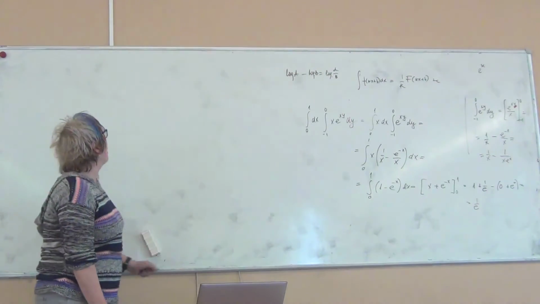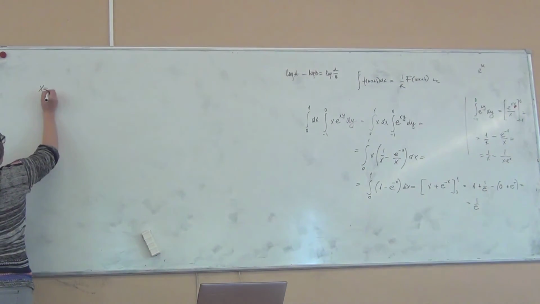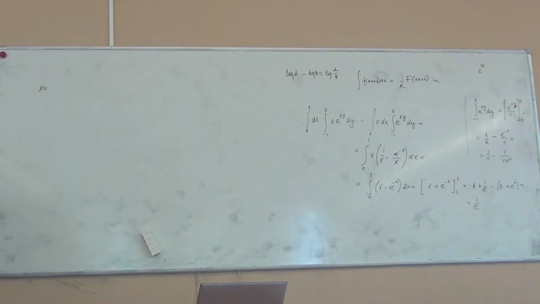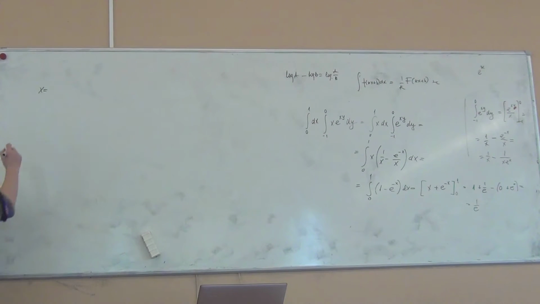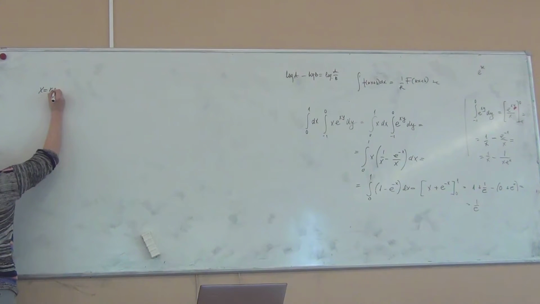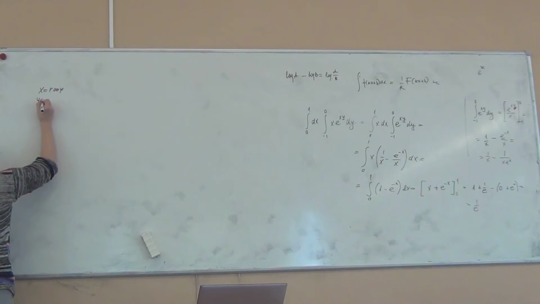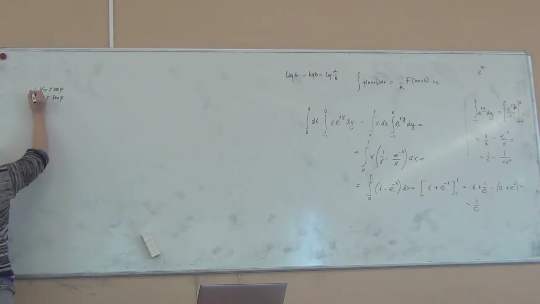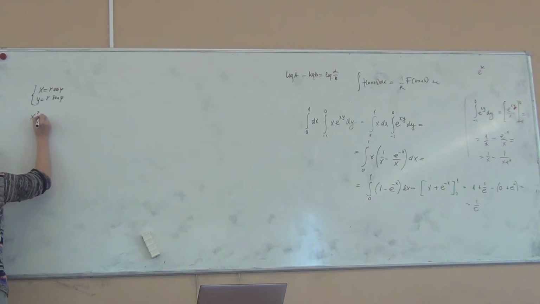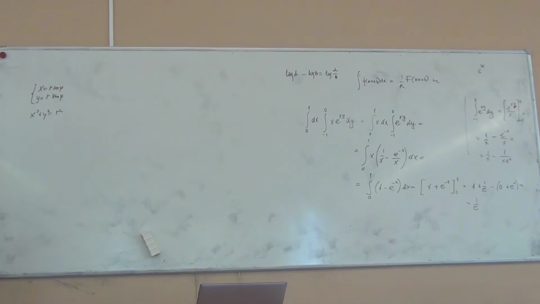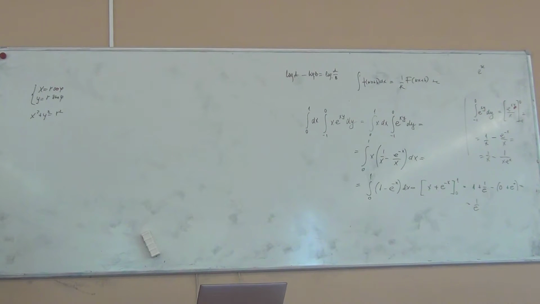So let's remember that for transforming into polar coordinates, we can write x equal to r cosine phi, y equals to r sine phi, and obviously x squared plus y squared is r squared, because r is the distance of that point from the origin of the coordinates.